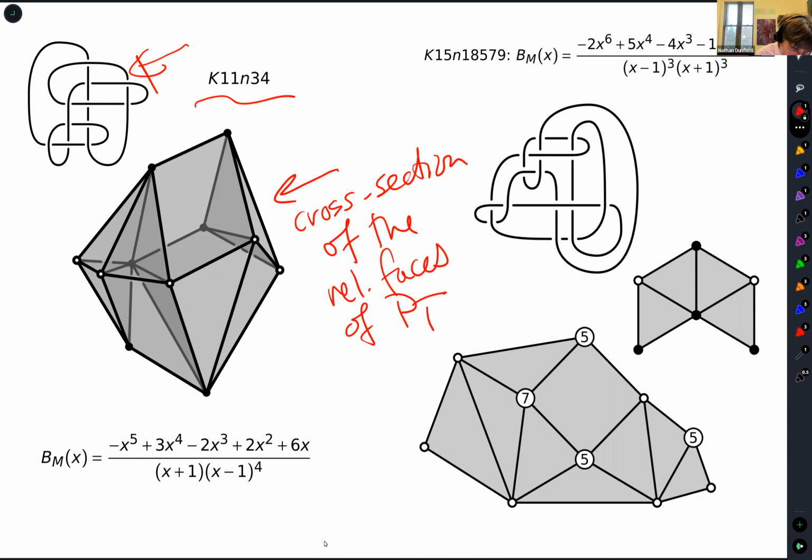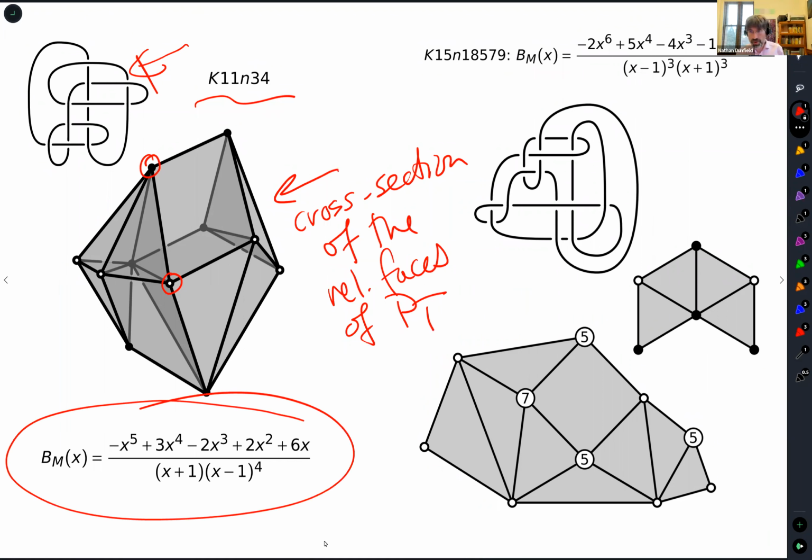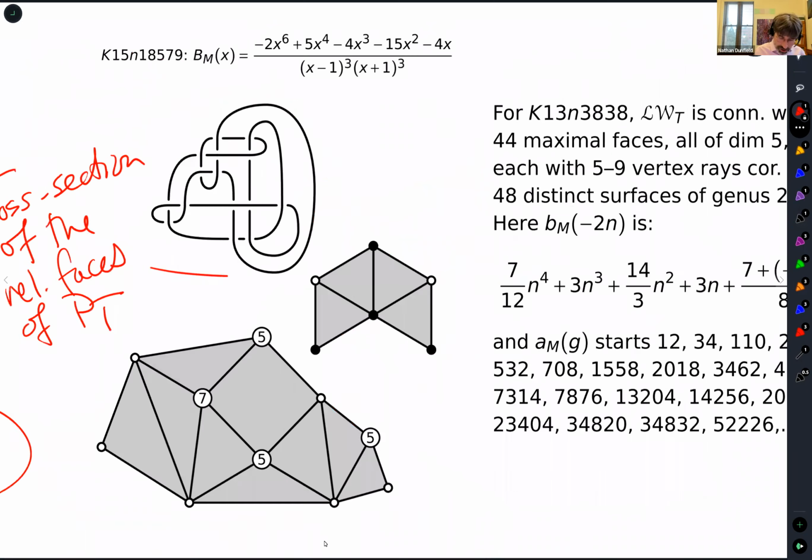The color of the vertices corresponds to whether they're genus 0 surfaces or genus 2 or 3 surfaces. And then this is the final generating function promised by the theorem. Here's another example. Anyway, you can do computations.